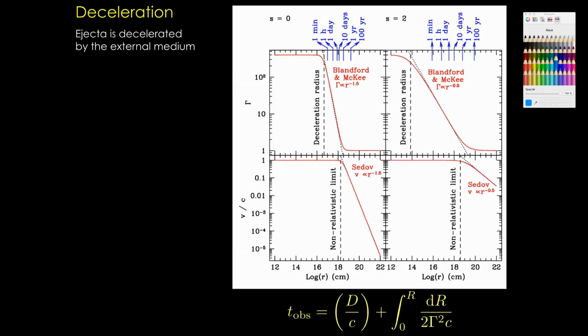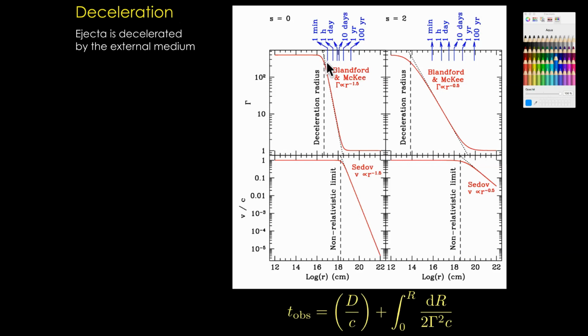Here I show the same curves, Lorentz factor as a function of radius, but I have also plotted velocity as a function of radius to show that once the Lorentz factor is of the order of unity, so when you enter the Newtonian regime, you recover the usual Sedov scaling law, which is well known in supernova remnant physics.